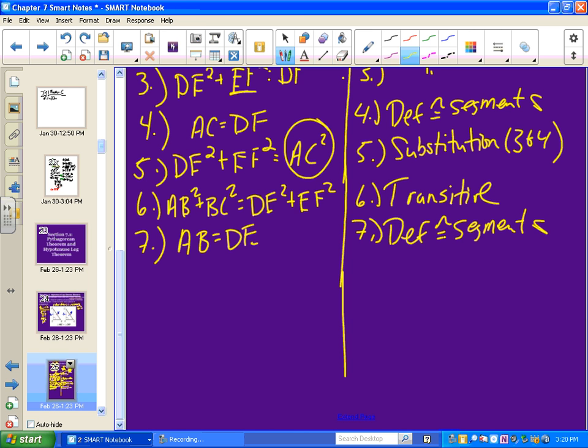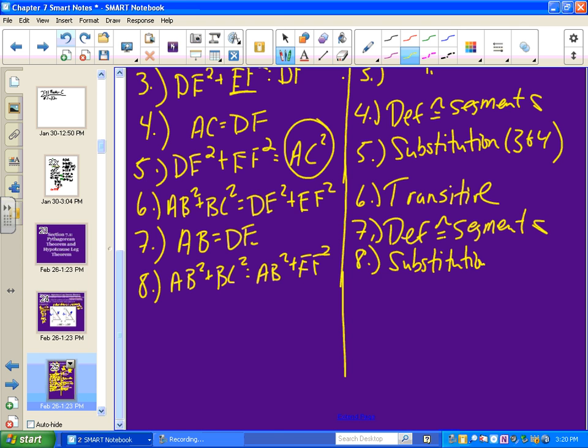Now that they're equal, I can take DE out of here and replace it with AB. AB squared plus BC squared equals AB squared plus EF squared. That's substitution. Steps 6 and 7.